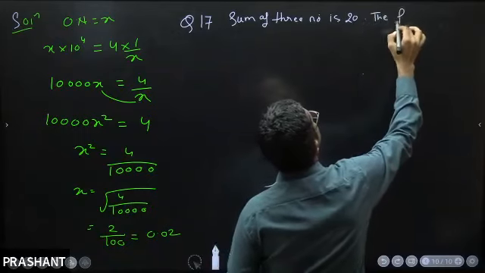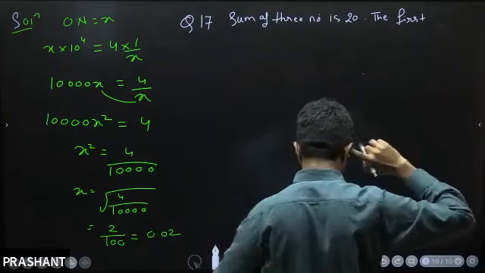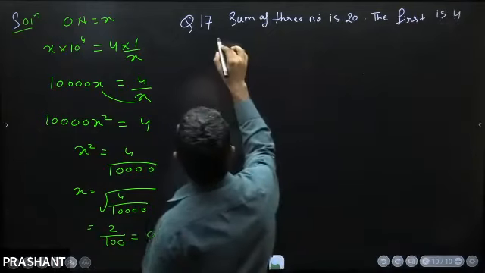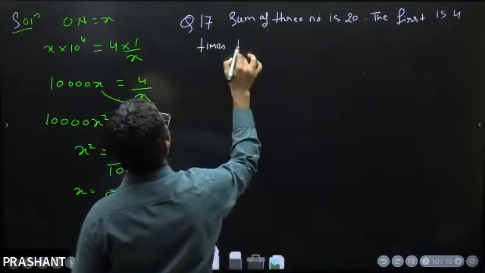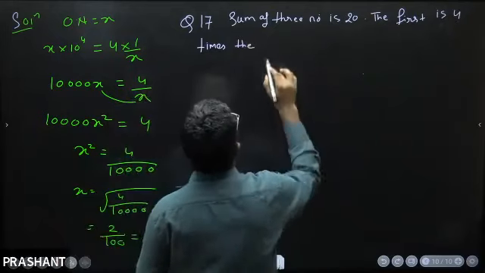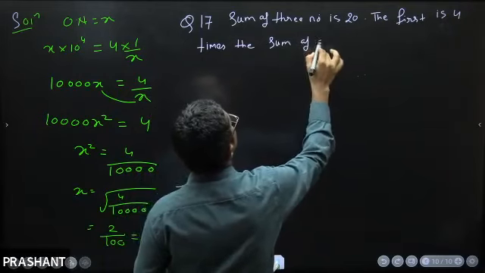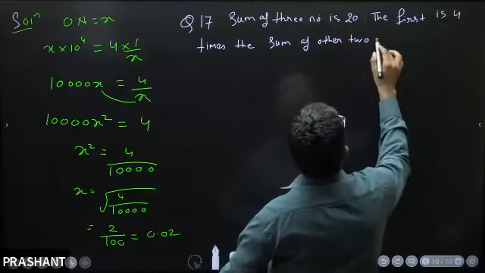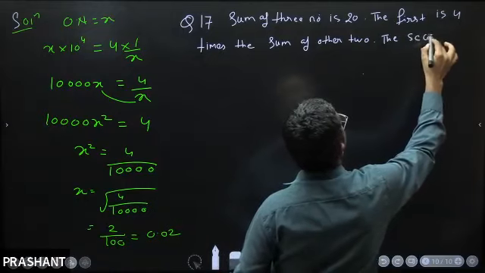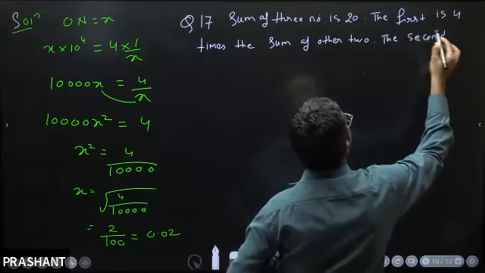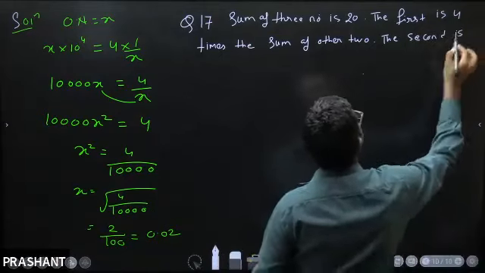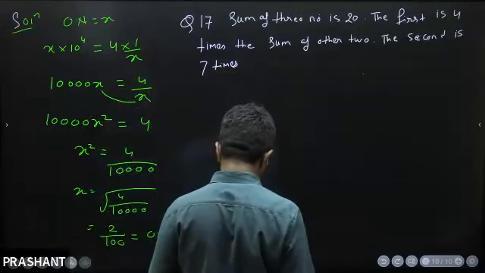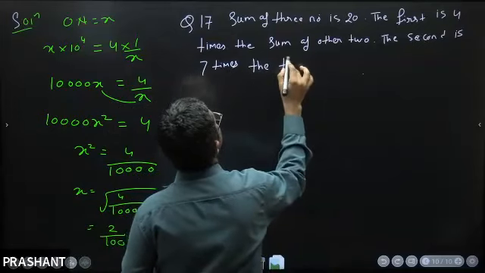The first is 4 times the sum of the other two, and the second is 7 times the third.